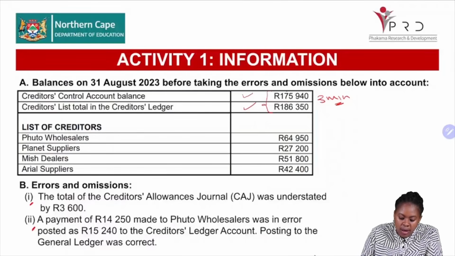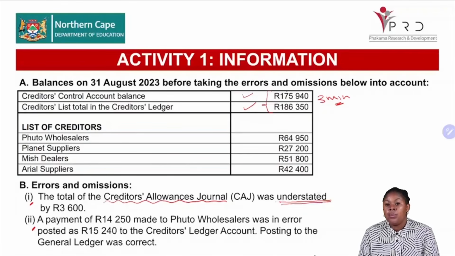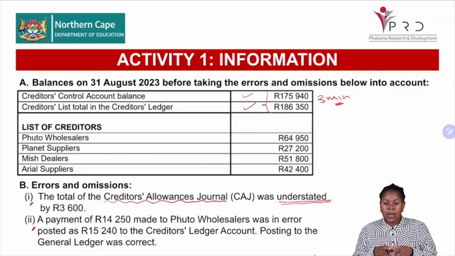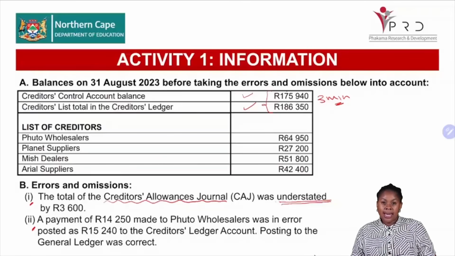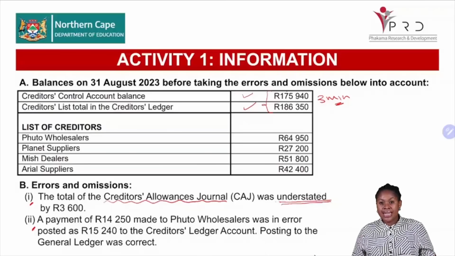The total of the creditors allowance journal was understated. Now the question that I have to ask you is, where are we reflecting this? Remember this one, this is the question that is internal. Are we reflecting this in our creditors control, or are we reflecting this in our creditors list?